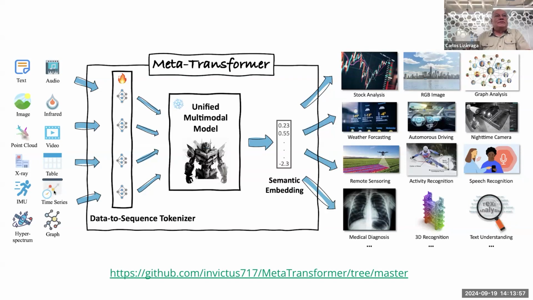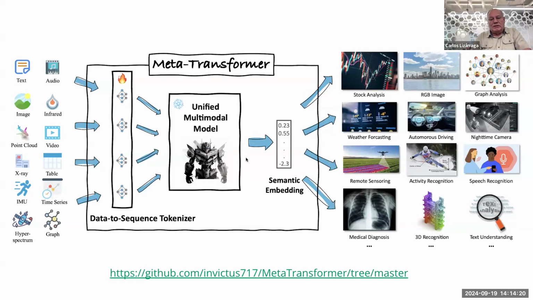It can be a time series coming out from a sensor, or for example, a weather station. It can be hyperspectral data, for example, coming from satellites. It can be a graph, and any type of data can be input to these sequence tokenizers, and it will process it.